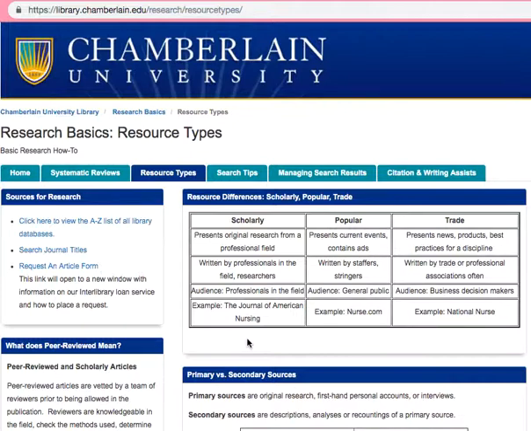And so in that case, it's very general. The information is very accessible and understandable and relatable to the wider popular culture, the general audience. So keep that in mind that even if it ends in .edu or .gov, that doesn't necessarily qualify it as scholarly.